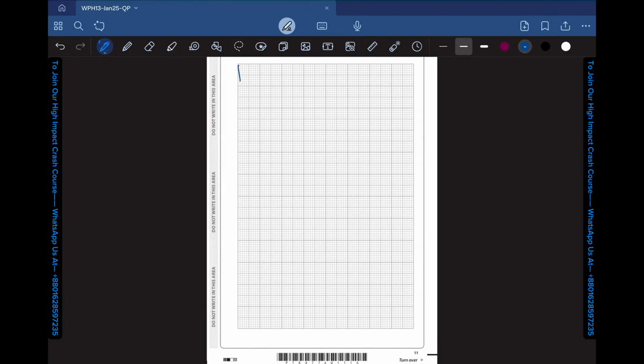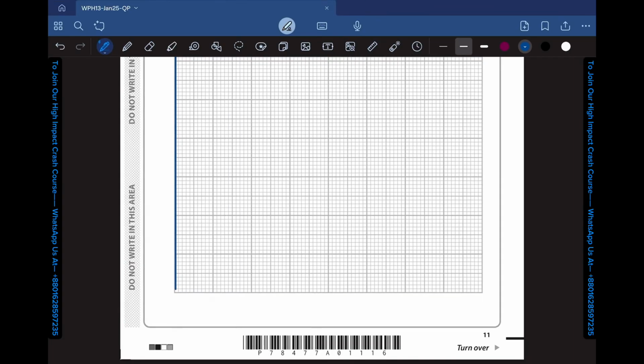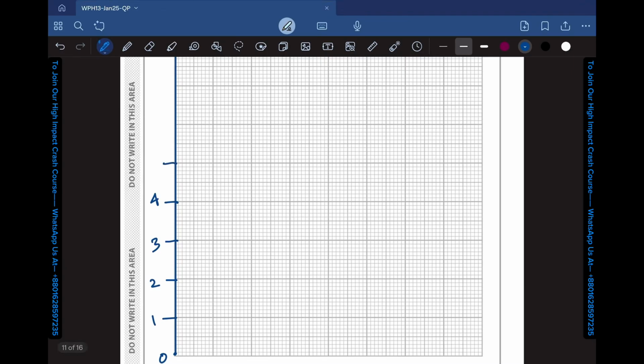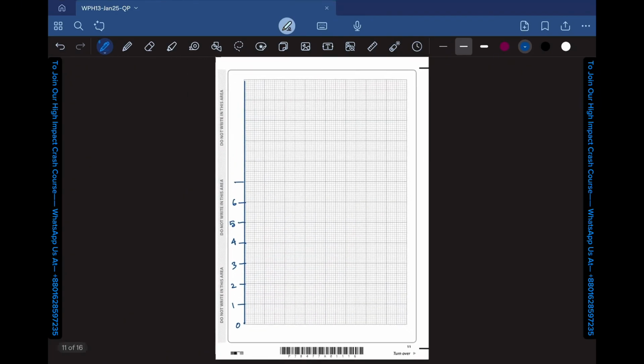So basically this will be our graph, which I will plot like this, straight line. And then I will put this one as 0, this one as 1, this one as 2, this one as 3, this one as 4, this one as 5, this one as 6, this one as 7, and this one as 8.